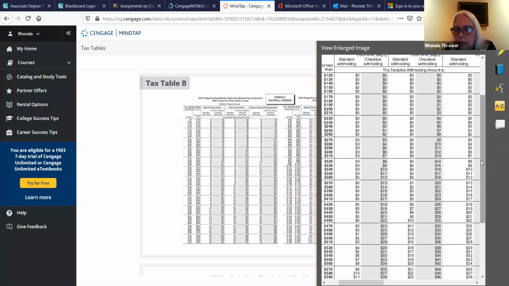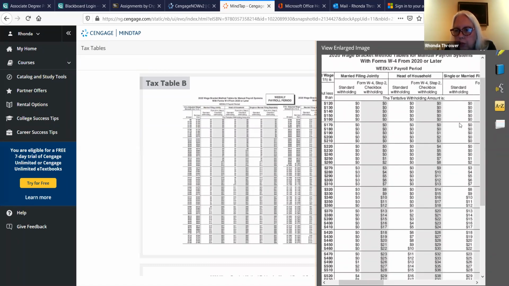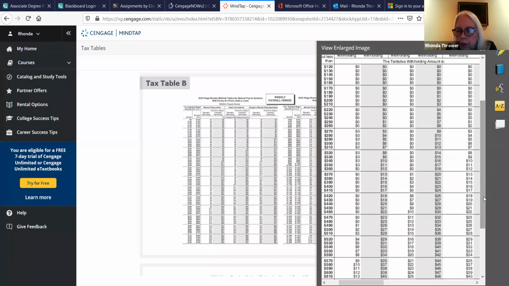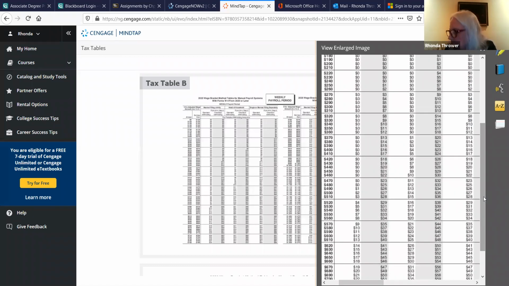This is the single portion standard withholding that we're looking at here. And this would be $665. So it fits in this category down here.